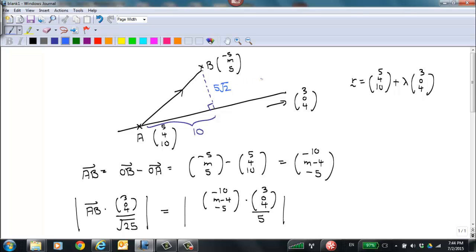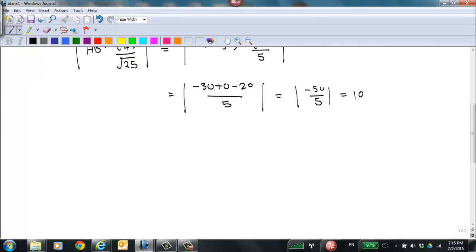Looking at the picture, you know that we are just going to use Pythagoras theorem. We know that 10 squared plus (5 square root 2) squared must equal the length of AB squared. So we have 10 squared plus (5 square root 2) squared, equal to the length of vector AB squared by Pythagoras theorem.